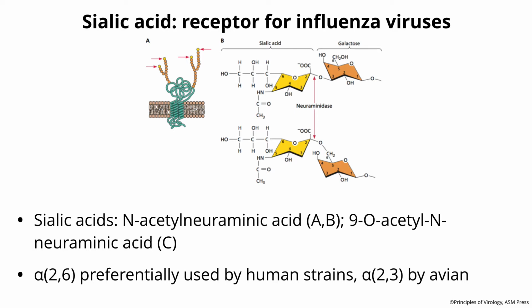All right, so human influenza viruses prefer to bind to alpha 2,6 linked sialic acids, whereas avian strains prefer to bind to alpha 2,3. Now, why am I telling you this? We are very worried about avian influenza viruses, especially the ones that are very pathogenic and wipe out chicken flocks worldwide.